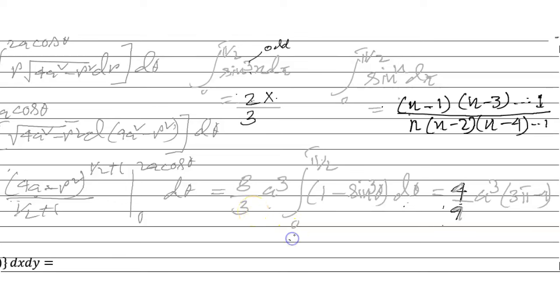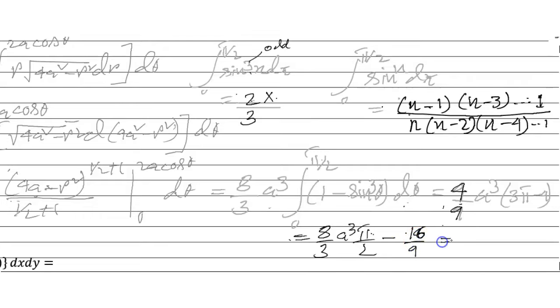This simplification is very simple. How can I get it? I will also show this. 8 by 3 a cubed into pi by 2 into pi by 2 minus 16 by 9.